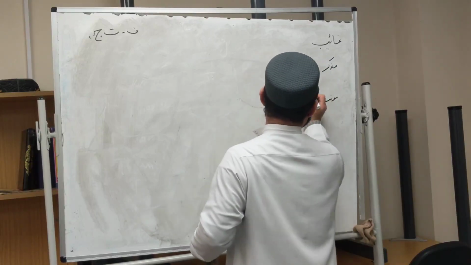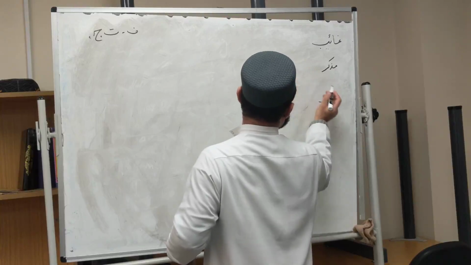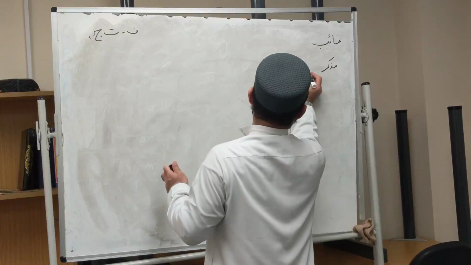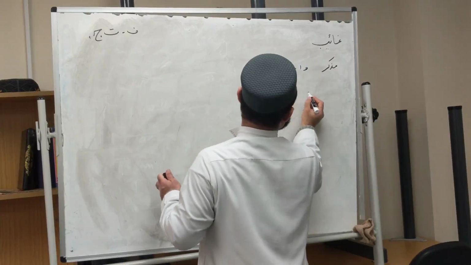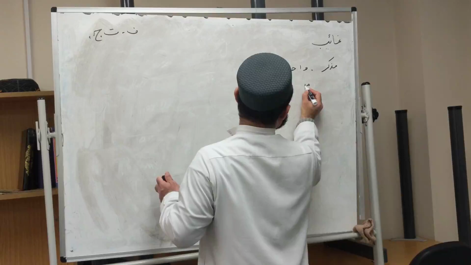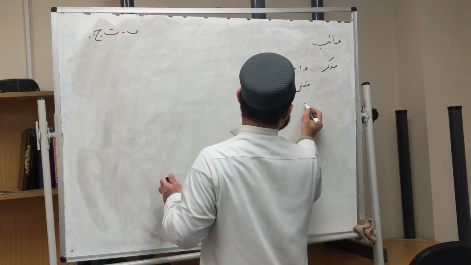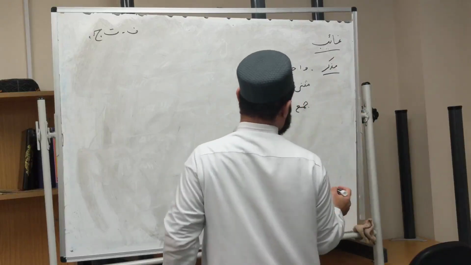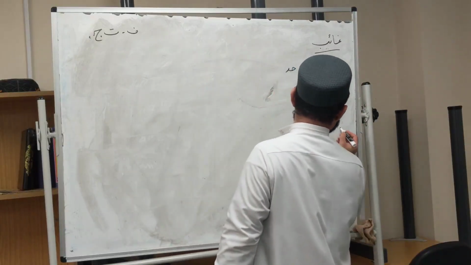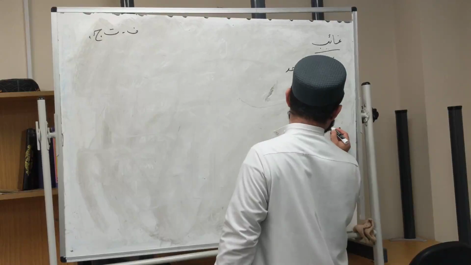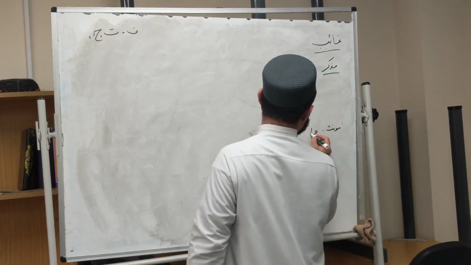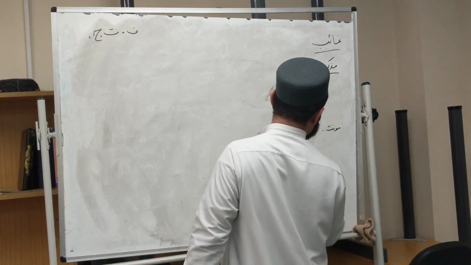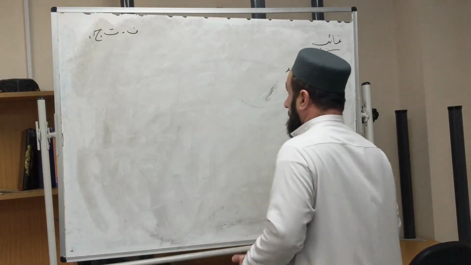If it is mudhakkar, then it will be what? It will be wahid, then tasniya, musanna, and jama. Right? Then if it is muannas, again wahid, musanna and jama. Okay.